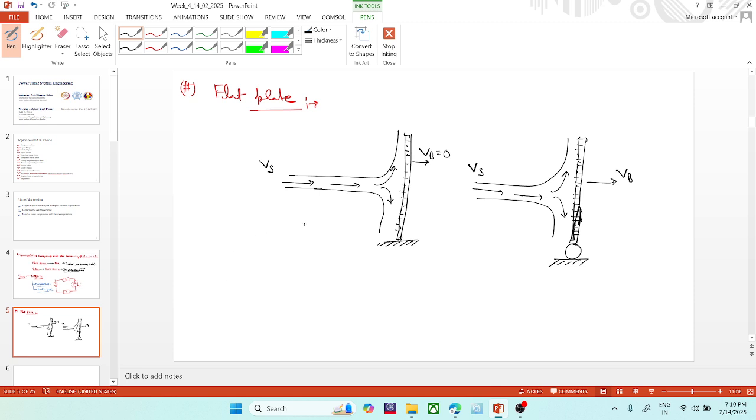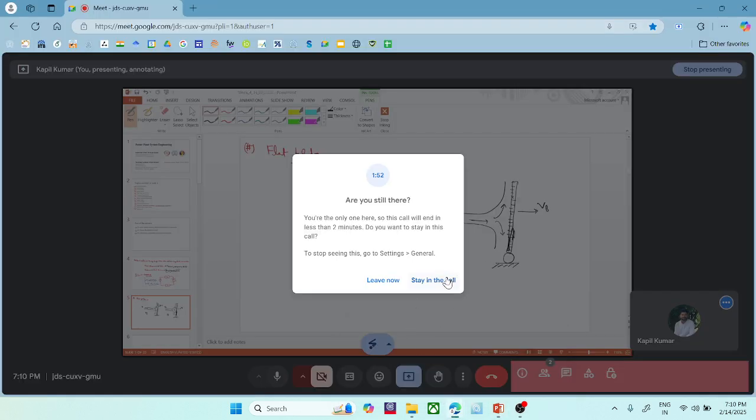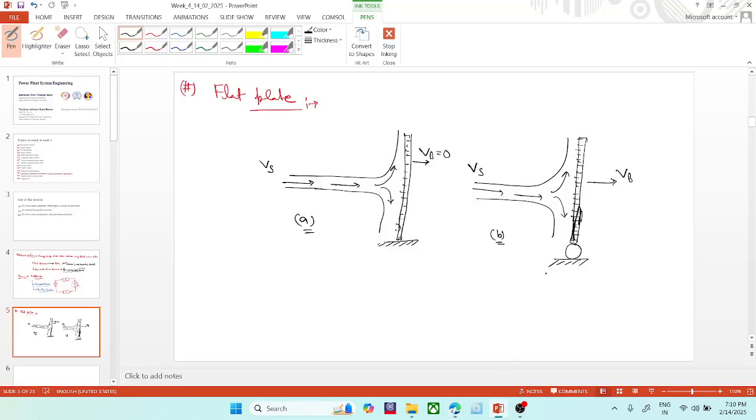So let's suppose this is configuration A, this is configuration B. So here we will first write the expression for the force on the fixed plate.